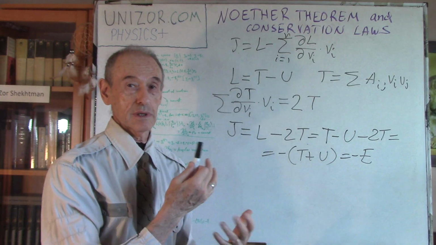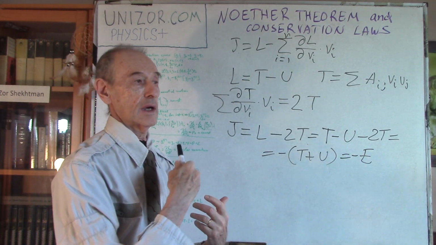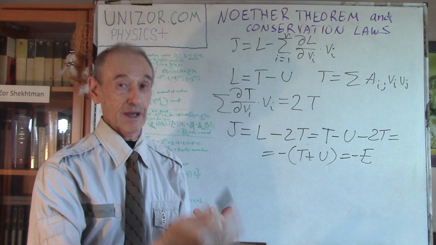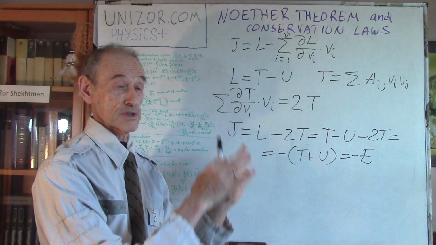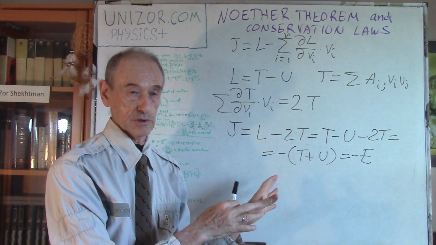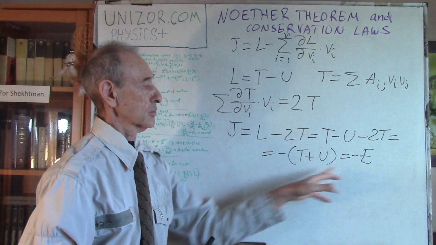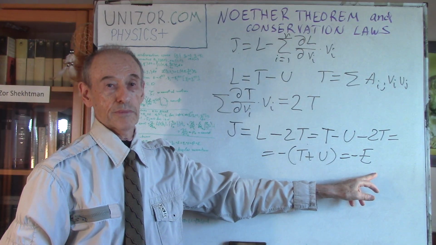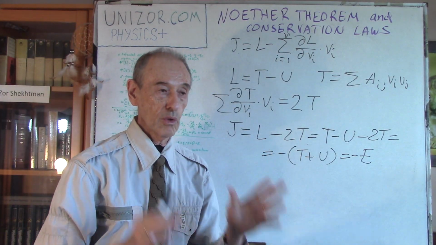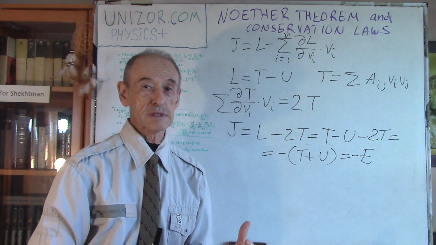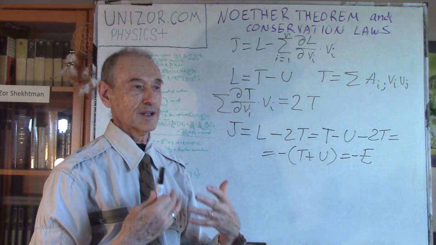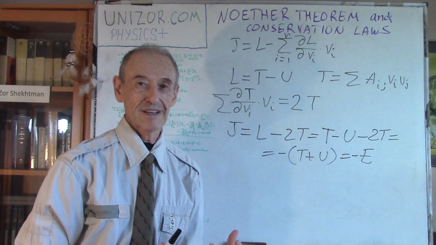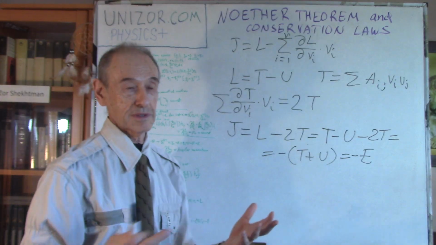From a transformation of time which is symmetrical, which means it preserves the action functional, follows the conservation of energy. So the law of conservation of energy depends on certain qualities of our space, well, time-space.